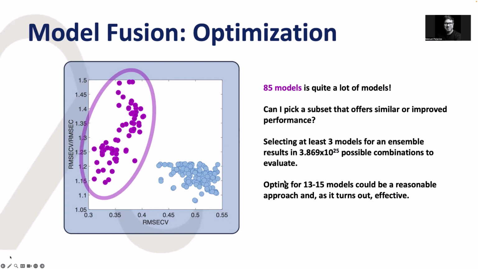So what we have opted for is that typically we're going to be choosing between 13 and 15 models. And yes, you guessed right. It's usually an odd number, just because we are taking the median. So we want one of those results in the predictions to be the actual final prediction. But we can take even 17, and that will still be a reasonable amount of combinations.